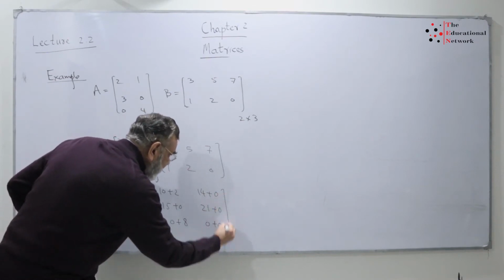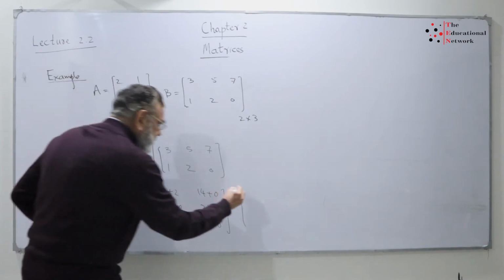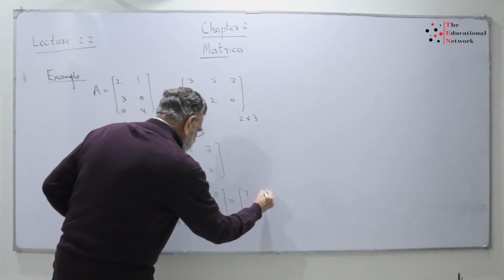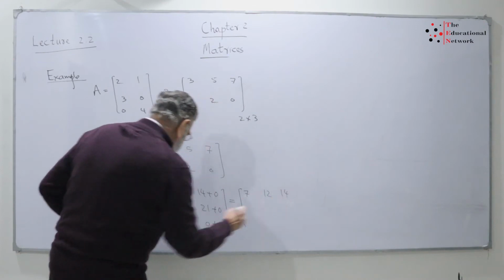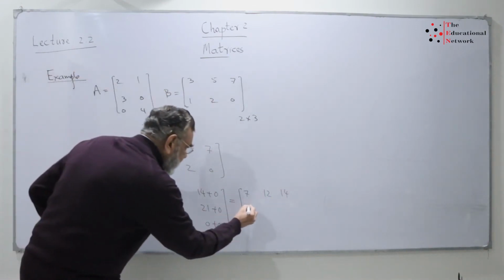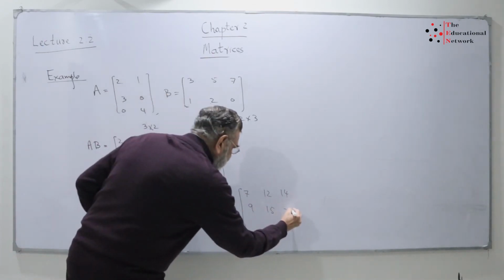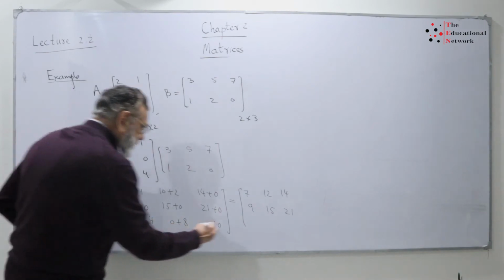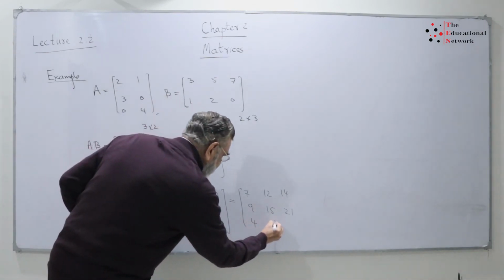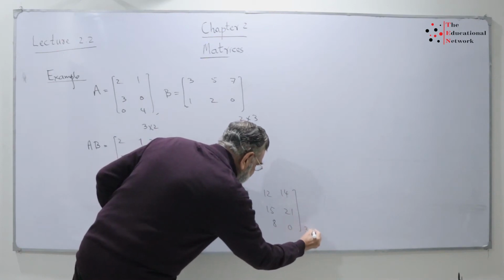We get a matrix equal to 7, 12, 14, then 9, 15, 21, and the last row is 4, 8, and 0. You can see we get a 3 by 3 matrix.